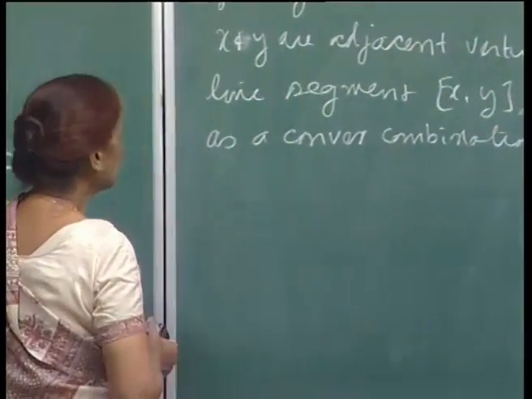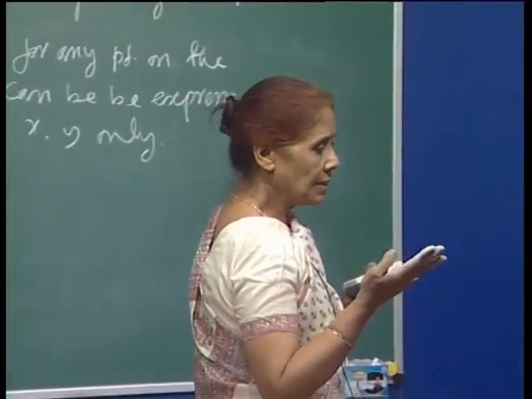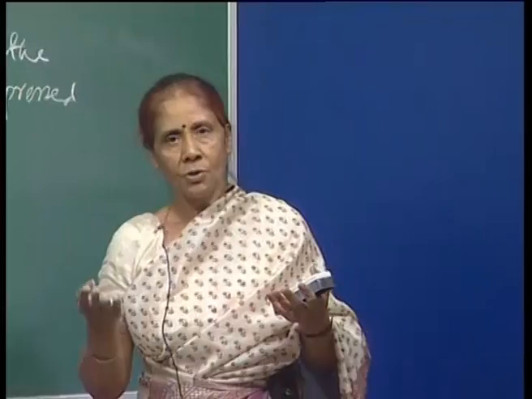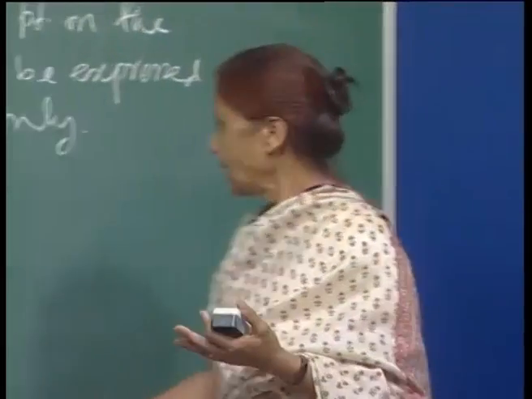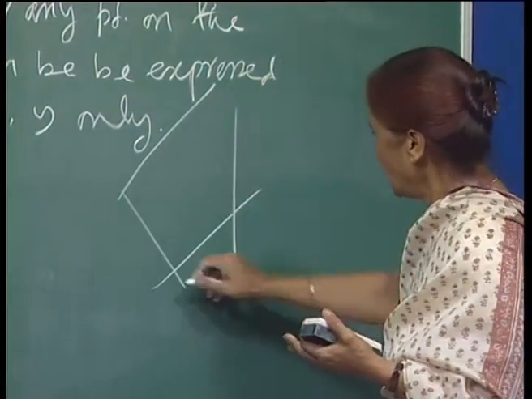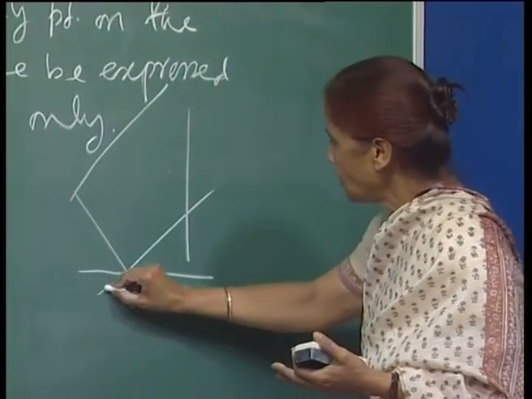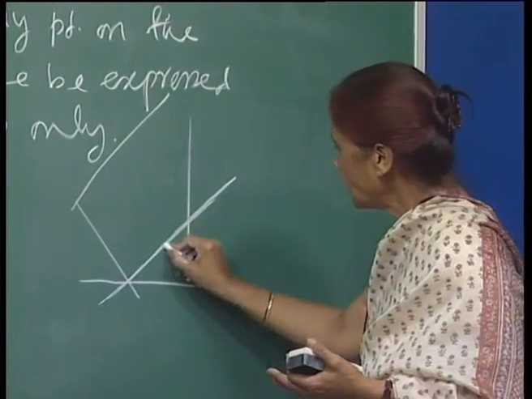Another way of looking at it is, I had shown you hyperplanes and supporting hyperplanes, we had talked about it. So, if you have a convex set like this, then I can have a supporting hyperplane which meets it at one point. I can have a supporting hyperplane which meets it in this.